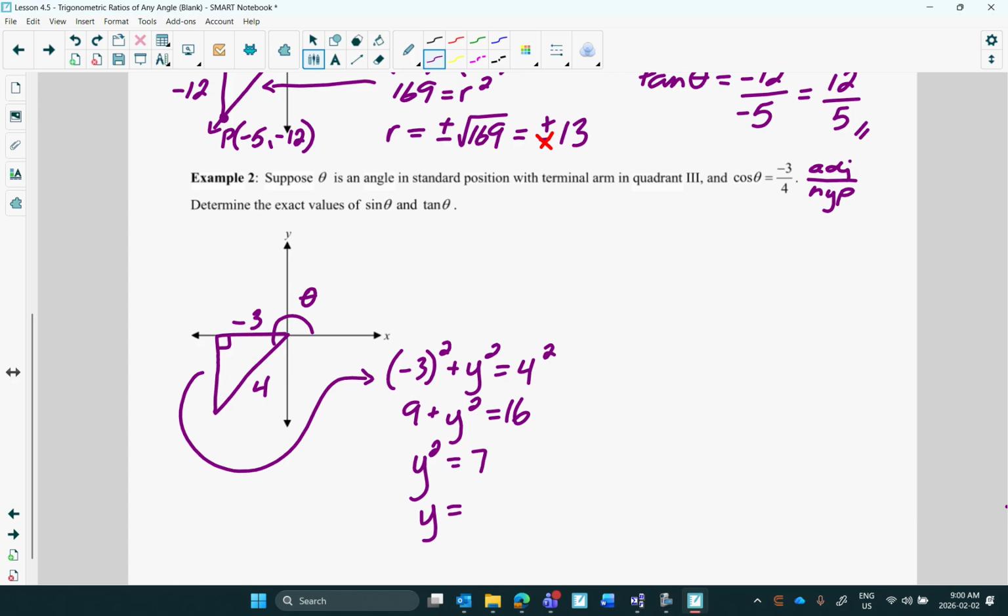If y squared equals 7, how do we solve for y? Plus or minus square root. Don't forget that plus or minus. If you just put square root 7, that's not mathematically correct because there's two answers. However, we have to reject one of them. We're in quadrant 3. Is y positive or negative? So we have to reject the positive answer.